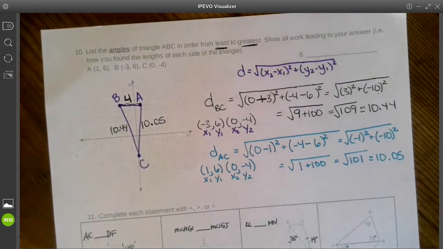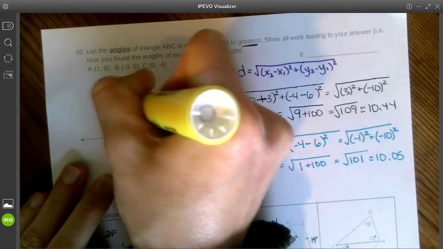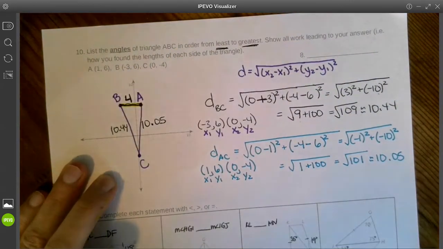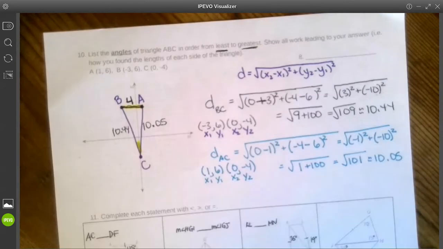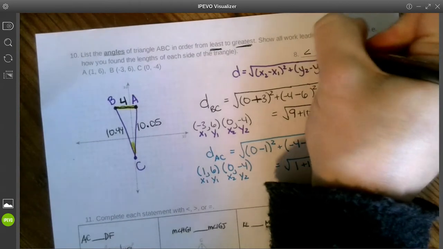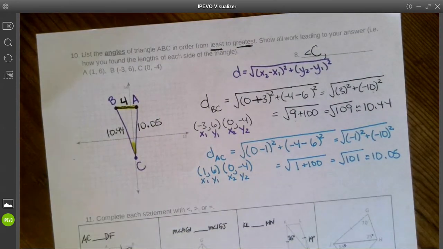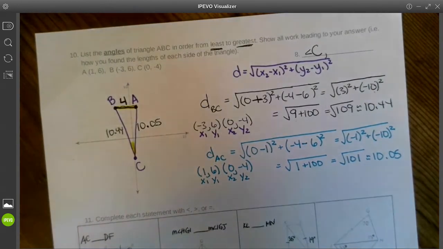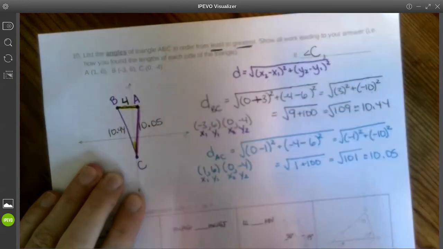So my shortest side is side BA, which has a length of 4. And so the smallest angle is the angle opposite that side, which is angle C. So angle C is my smallest angle. My medium side is AC. 10.05 is a little bit less than 10.44.